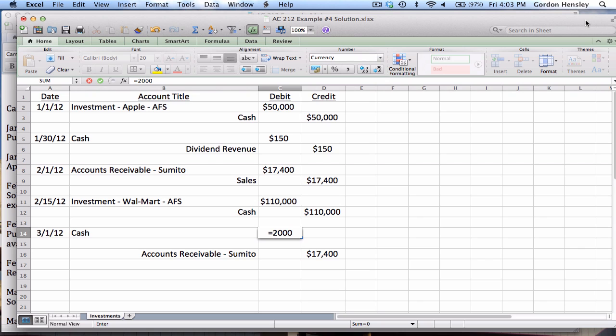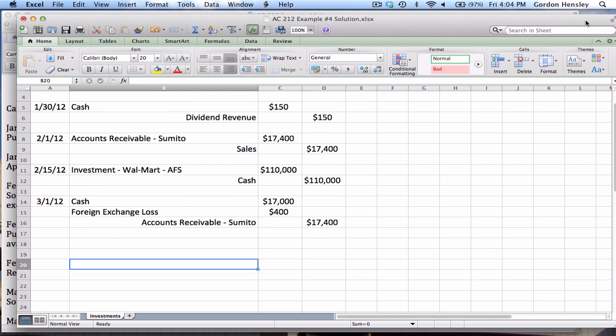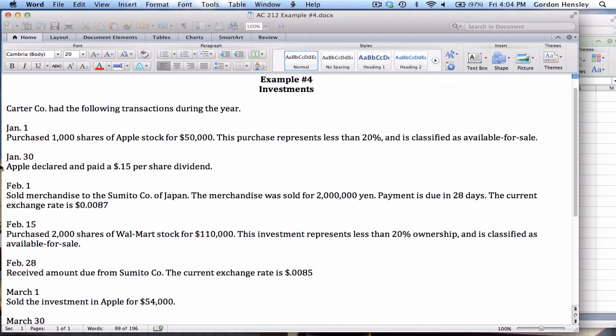So when I finally get these 2 million yen based on this current exchange rate, what is it really worth at this point? Only $17,000. So I have a difference there of $400. I've lost $400. And what is that? That's a foreign exchange loss.